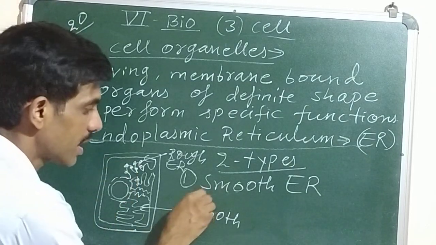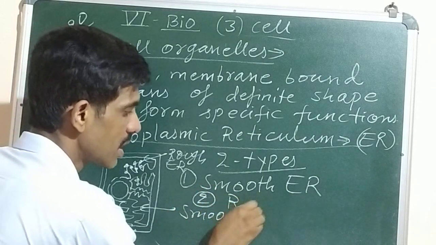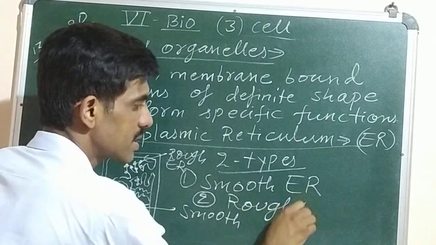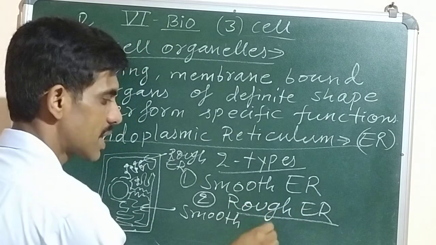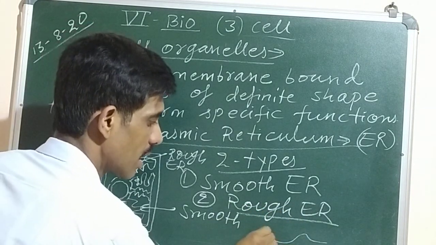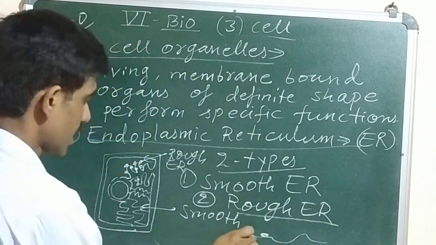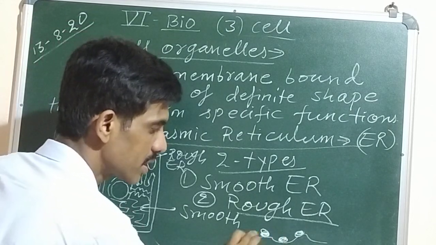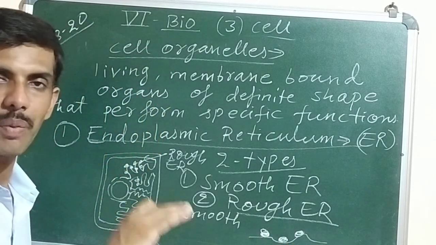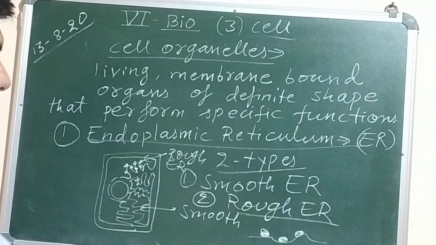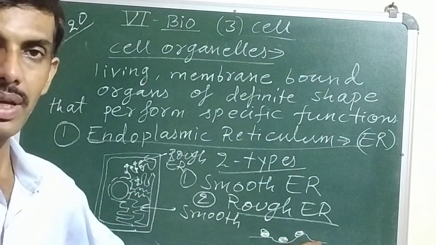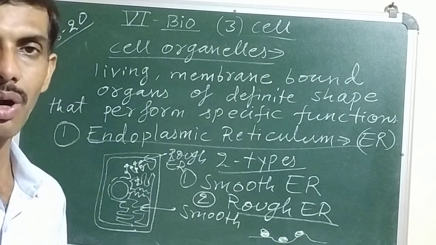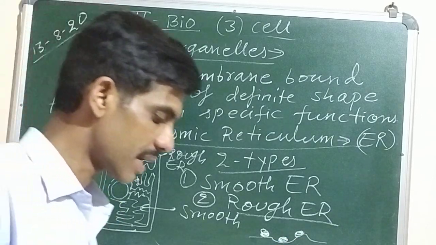Such endoplasmic reticulum that contains ribosomes, their surface appears rough. Why? Due to the presence of spherical bodies on it, the surface does not look smooth. Such endoplasmic reticulum is called rough endoplasmic reticulum.